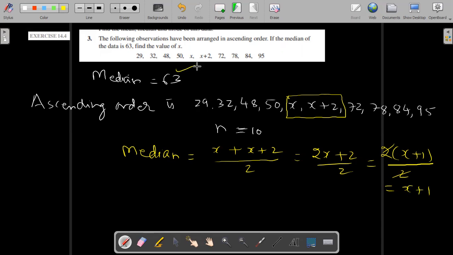But the median is already given as 63, so we equate x plus 1 with 63. Therefore x is equal to 63 minus 1, that is 62. So here there is one unknown value, x, and that's why the median is given. We equate the median to the given value. Okay, got it?